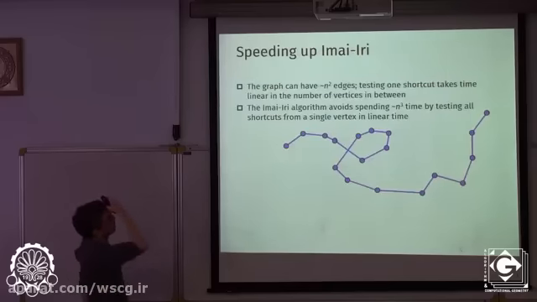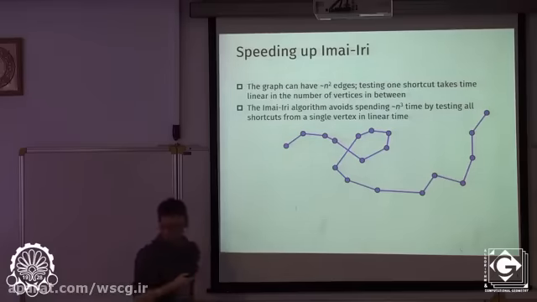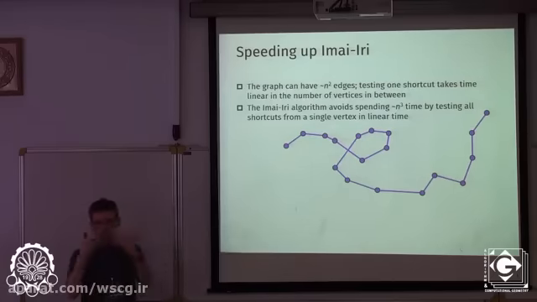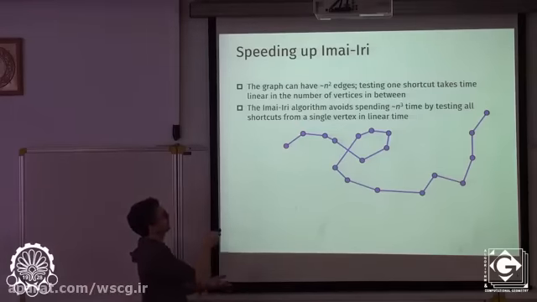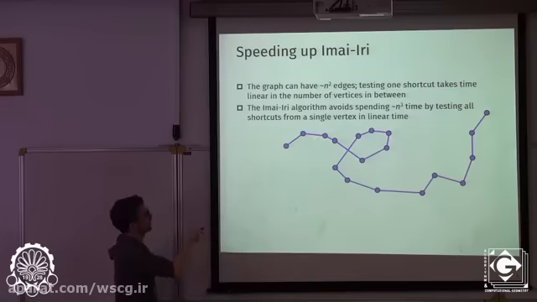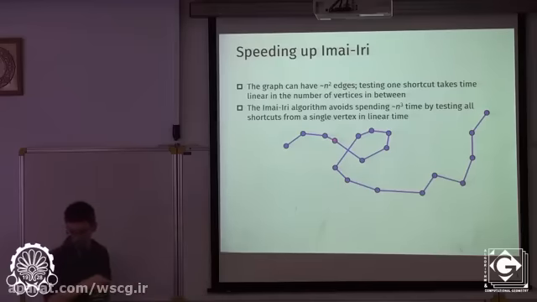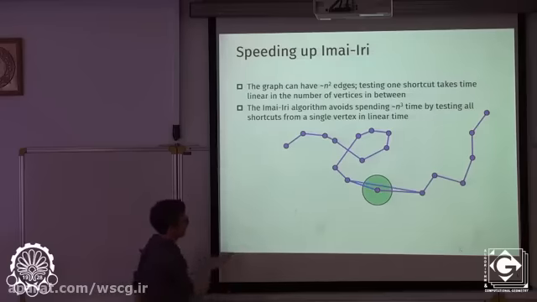And the idea is to reuse information. So you tested for shortcuts. Let's say I started here and tested whether there's a shortcut to here, and let's say there was a shortcut. Then I'm going to reuse the information that I used to test this to also do the test up to here. Let me give this by an example down here.